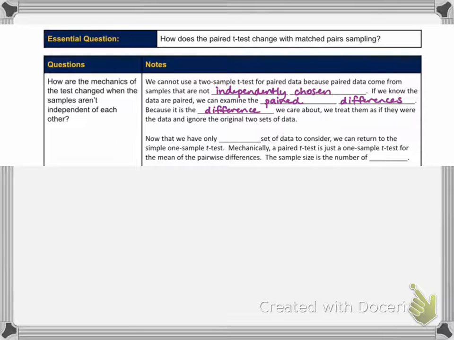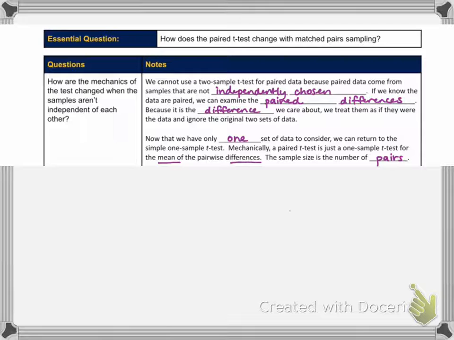So basically, you take your 2 sets of data, subtract them, end up with just 1 set of data that is the difference between the first and the second, and then you do inference on that 1 set of differences. Now we only have 1 set of data to consider, so we can return to that simple 1-sample t-test, the one we reviewed last Monday.